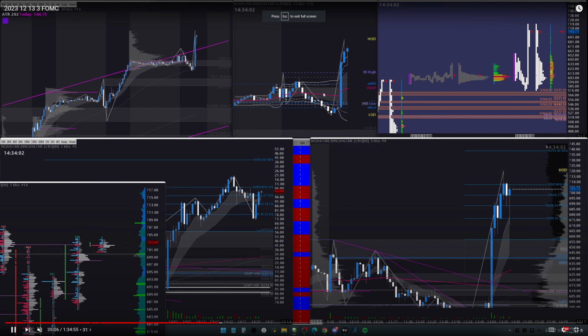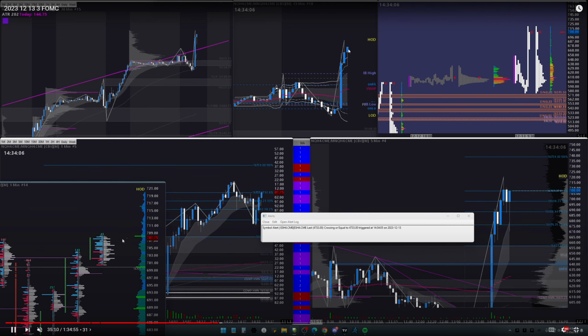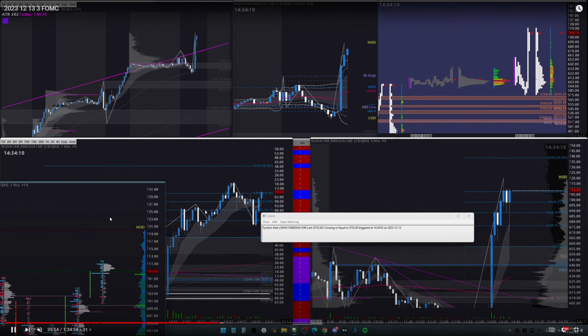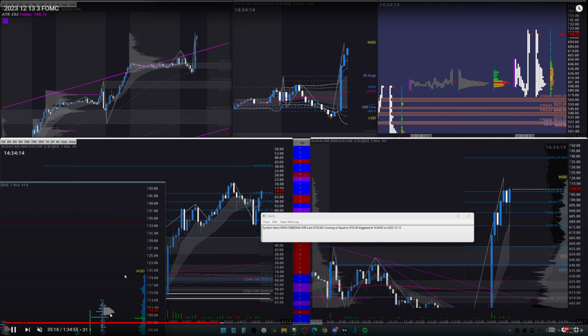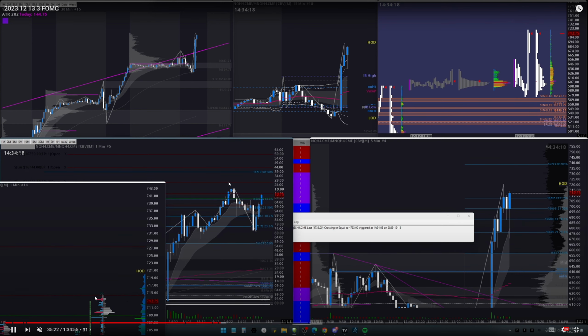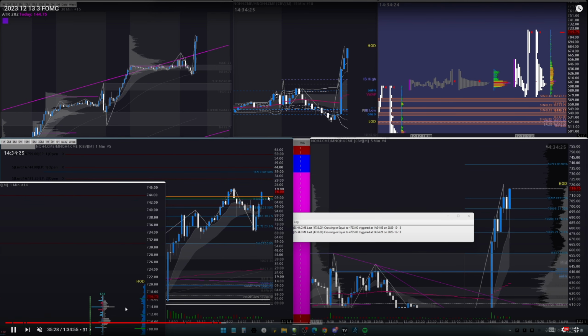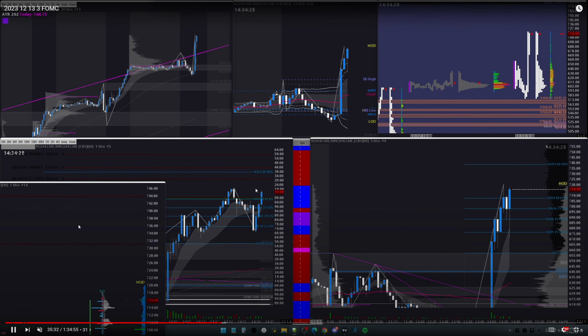Back to this FOMC day. Kind of looking like this 15-minute standard deviation VWAP's tapped, but let's see. No, I'm going long still. Nice curve, big blue delta. Tell you what, this day using this footprint and the delta/volume profile footprint with fibs just crushed it. Nice curve, push up.